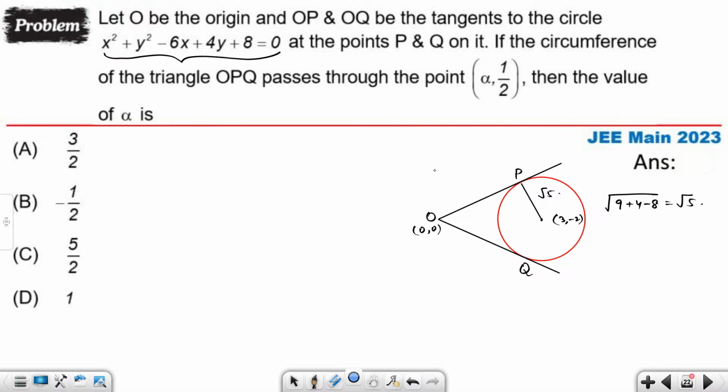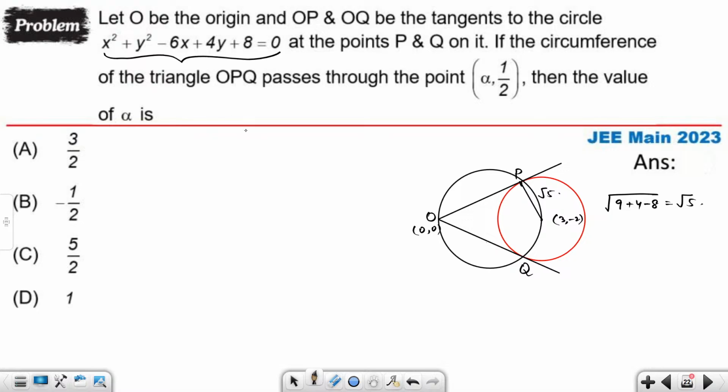And we know that any circle which is passing through OPQ, just now we have learned that it is going to pass through its center because they are concyclic. Yes or no? Absolutely right. Like this. It is going to pass through the center of the given circle.